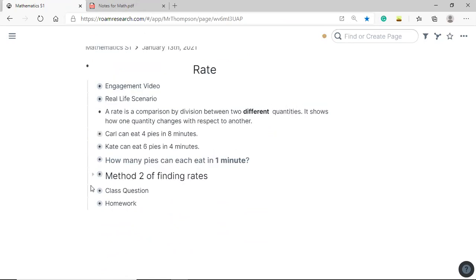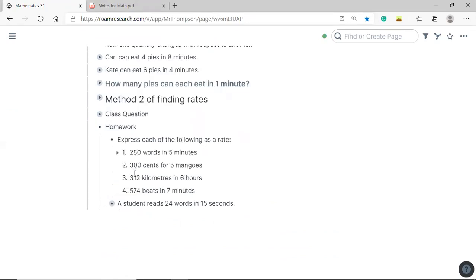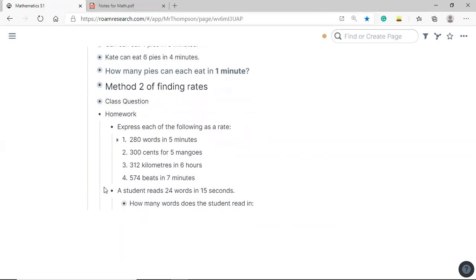And then now you have 2 homework to complete. Express these 3 values as rates, and then complete the question about how many words a student can read in 15 seconds, when it reads in 1 second, how much will it be, and in 5 seconds, how much will it be? That's the end of today's class. Any questions?